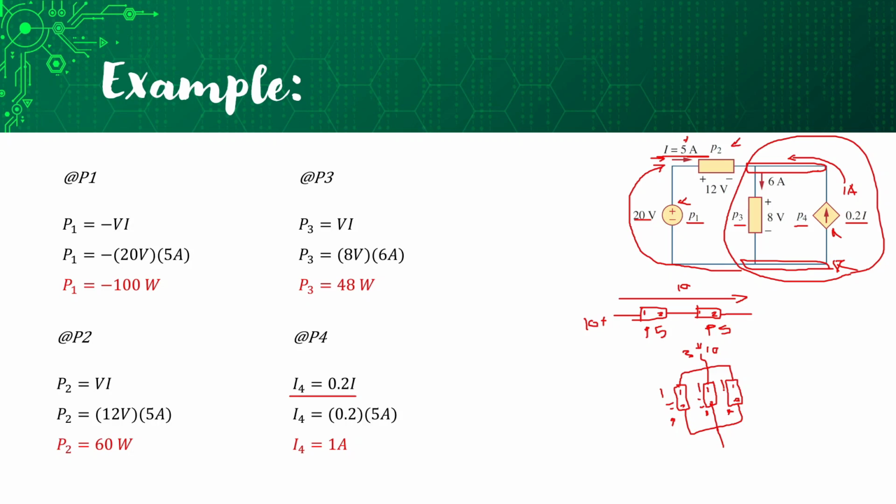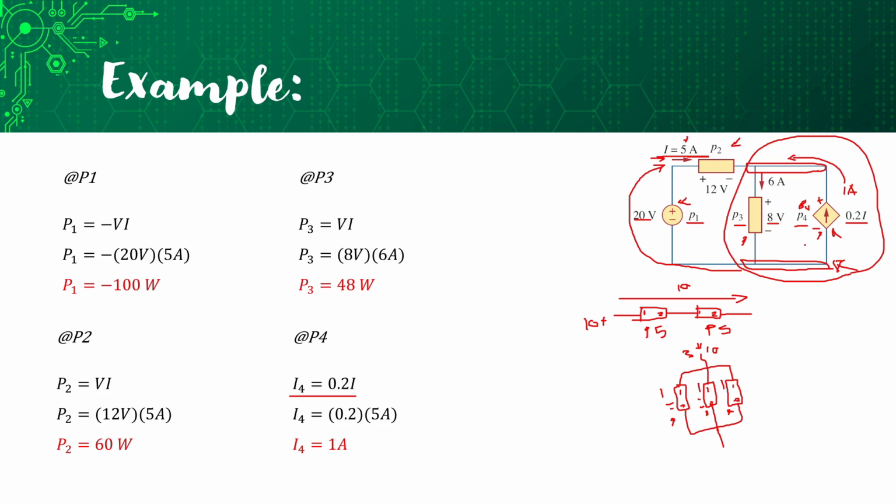Using the rule for parallel connections, which is voltage the same and current divided, we know that the voltage in this load is 8 volts. Therefore, the voltage in this dependent source is also 8 volts. Then we paste the positive sign on the terminal: positive on top, negative on the bottom.